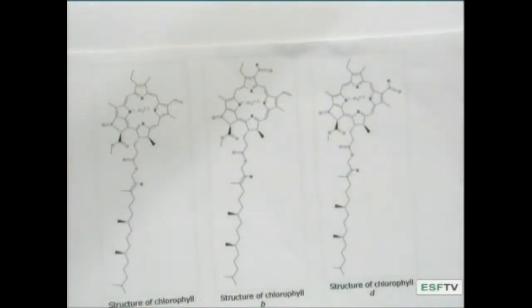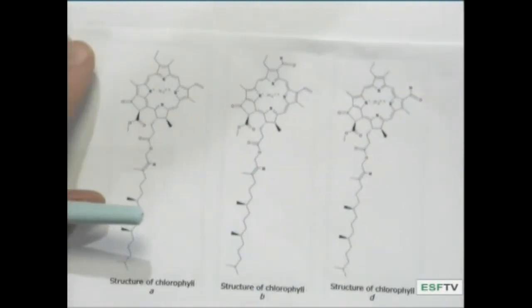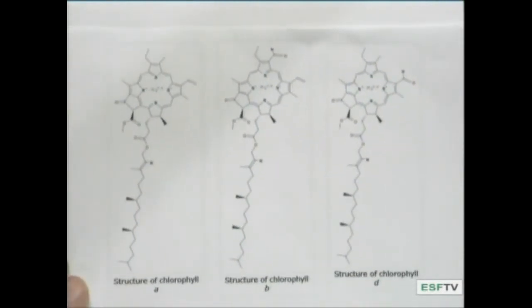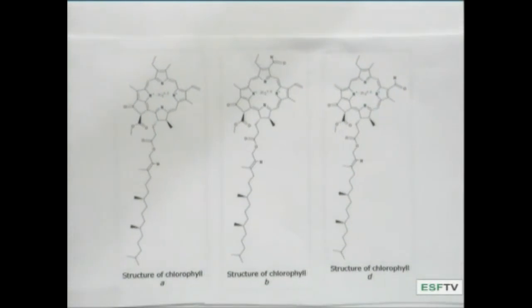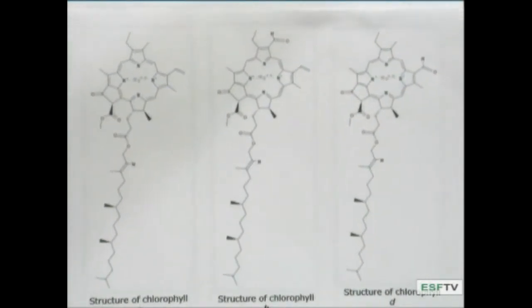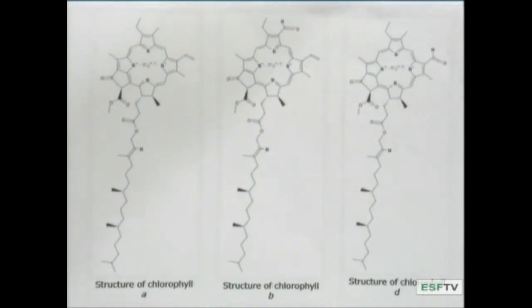Here, for example, are three forms of chlorophyll that are commonly found amongst plants and other kinds of photosynthetic organisms like protists or bacteria. And you can see from these three different molecules, chlorophyll A and B are primarily molecules that are found in higher plants.